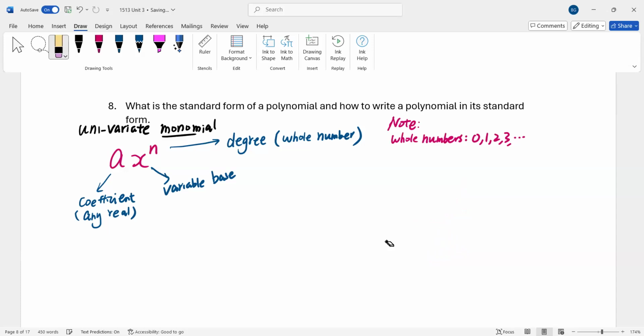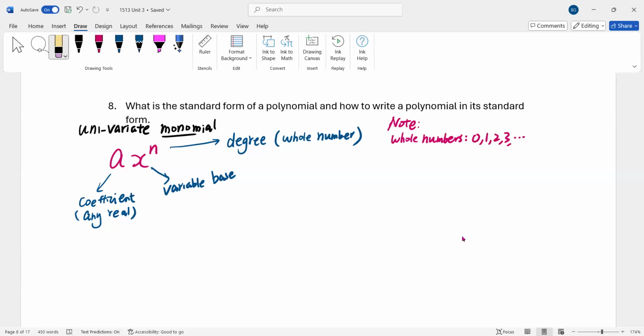I think the best way to understand what a univariate monomial is is to use the definition. I'm going to give you some expressions and you help me determine whether they are monomials or not, based on the definition I just explained.